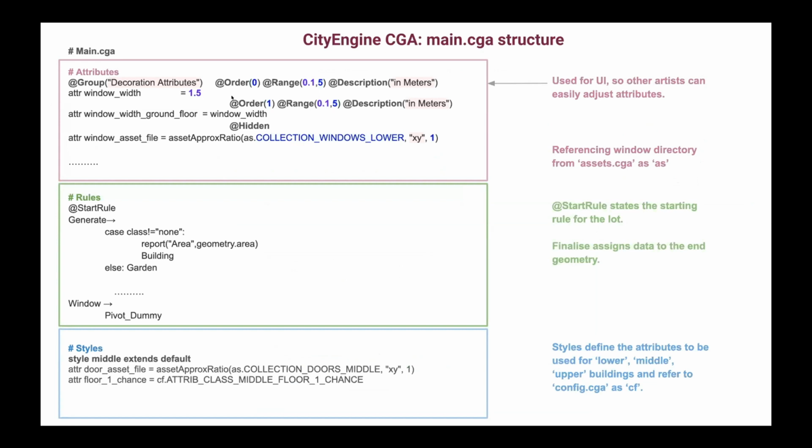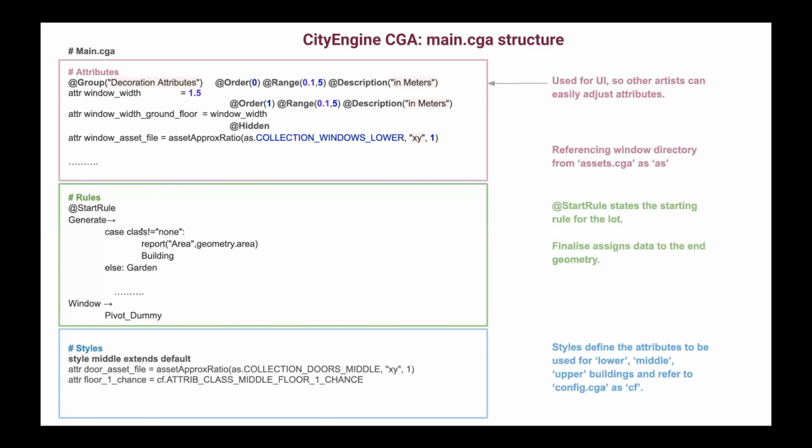This is something that Simon also talked about briefly, which was the parameters. So the benefit of these parameters is that other artists could easily adjust these attributes without having to dive into the files that I showed previously. Then we have the rule data. There's always a start rule.